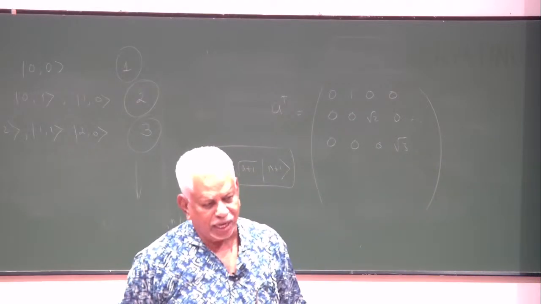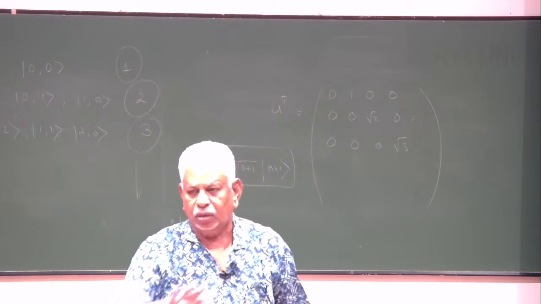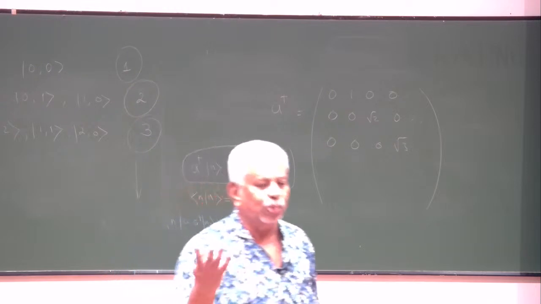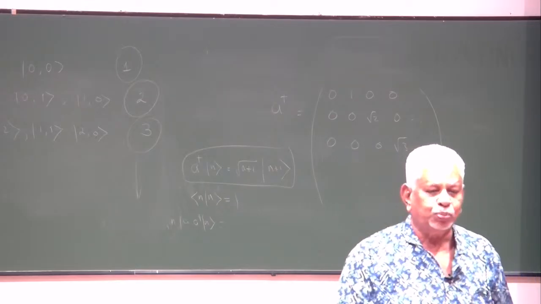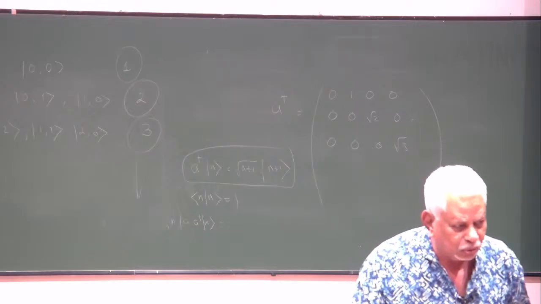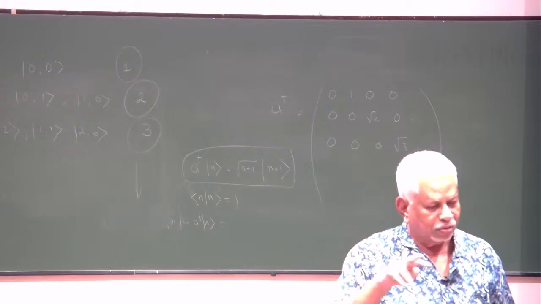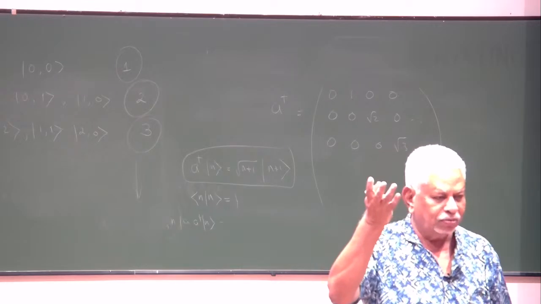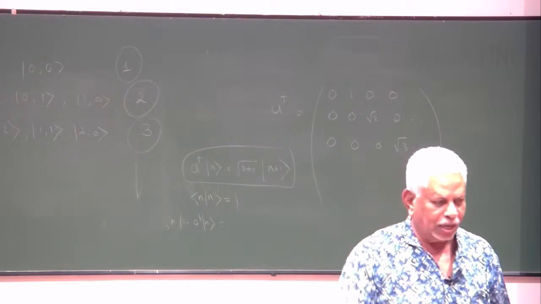The number of states is 2j plus 1. If you have done the hydrogen atom, this is what you will have, 2L plus 1. Let me call it L. Ground state L equal to 0 has no degeneracy. L equal to 1 will have 3 states, and the next one will have 5 states, 2L plus 1.